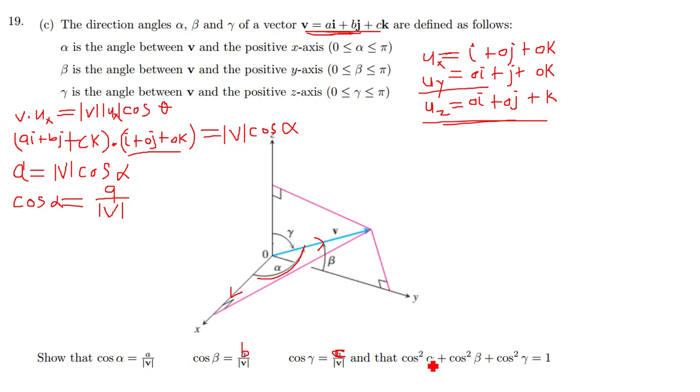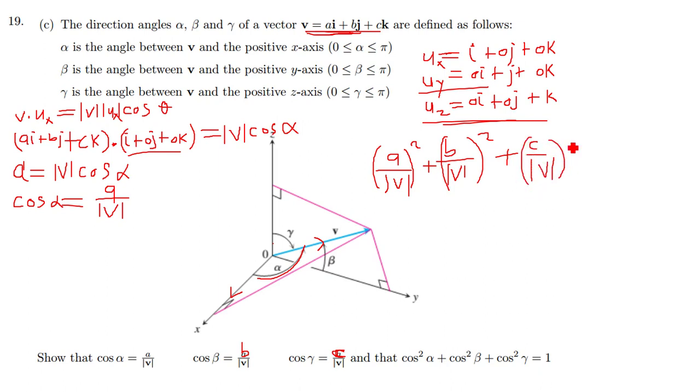Now to prove that the squares of these will give us 1, we know there's a, there's b, there's c, so we can say a over the magnitude of v, squared, plus b over the magnitude of v, squared, plus c over the magnitude of v, squared.